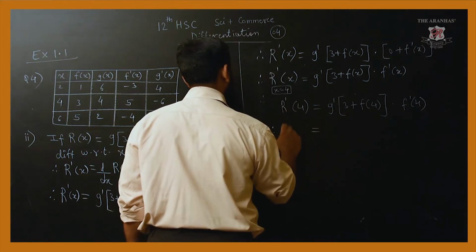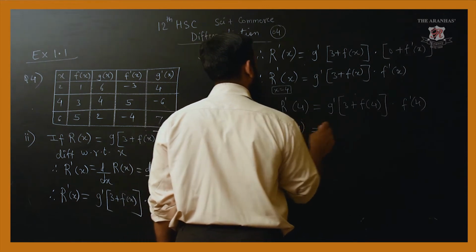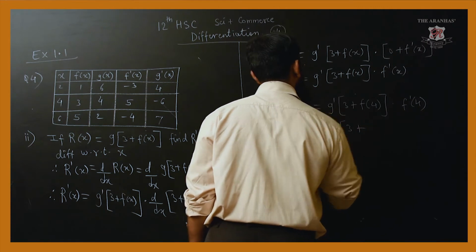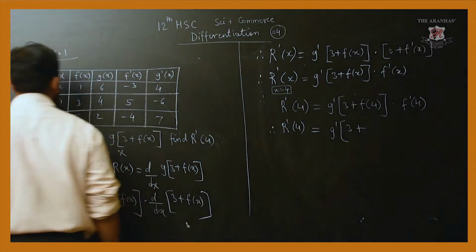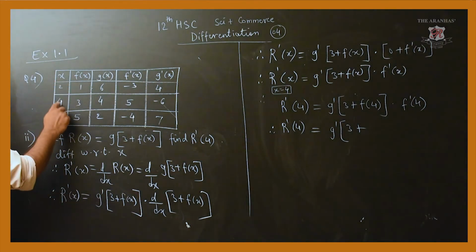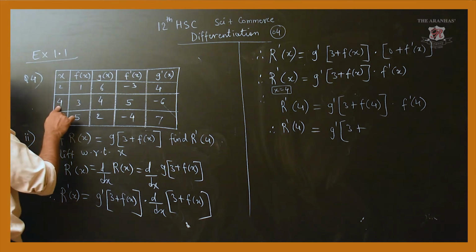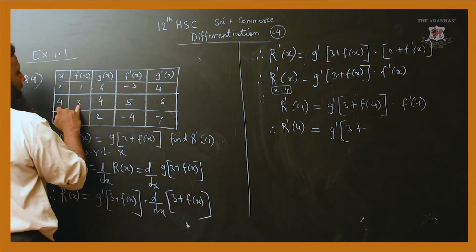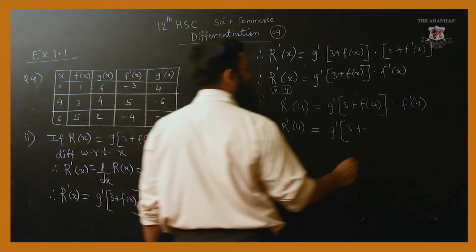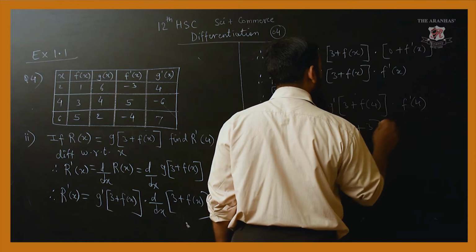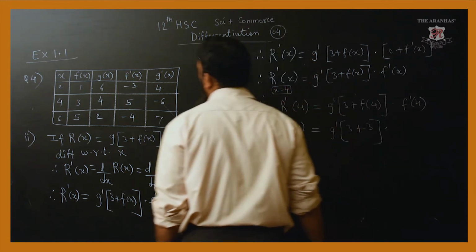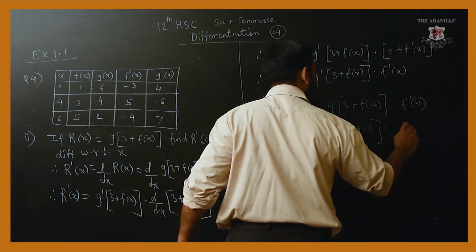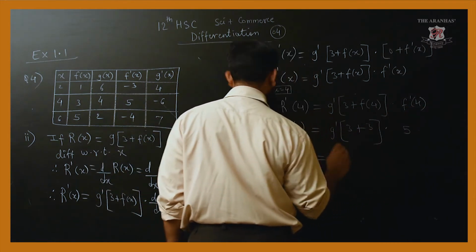So therefore r dash of 4 will be g dash of 3 plus f of 4. How to do that? Below the value of x, which is 4, see what f of 4 is. It will be 3. So 3 plus 3, into f dash of 4, which is 5.